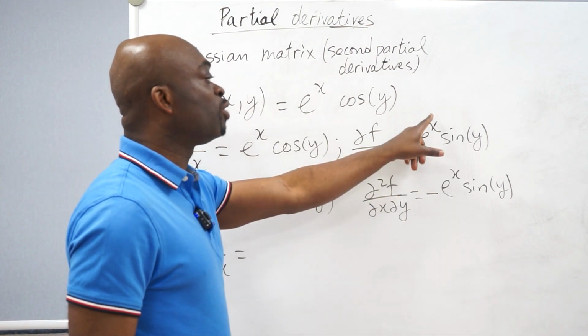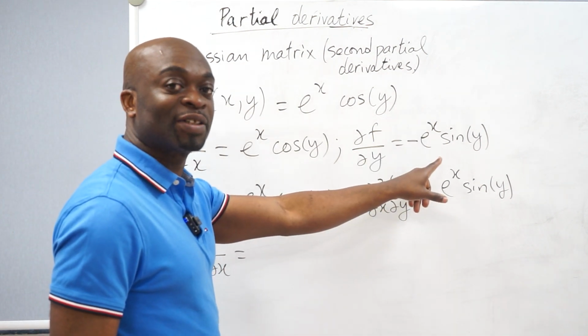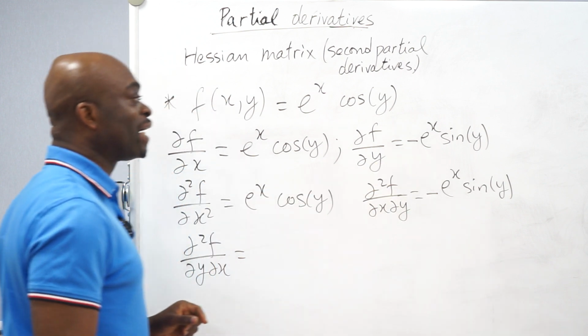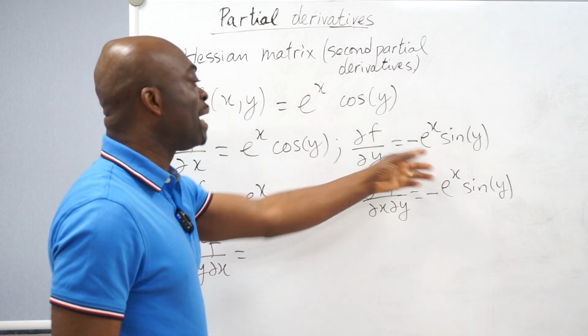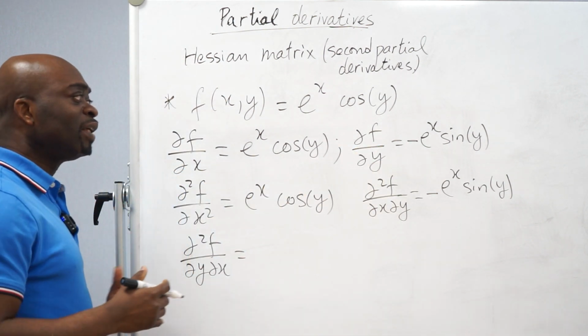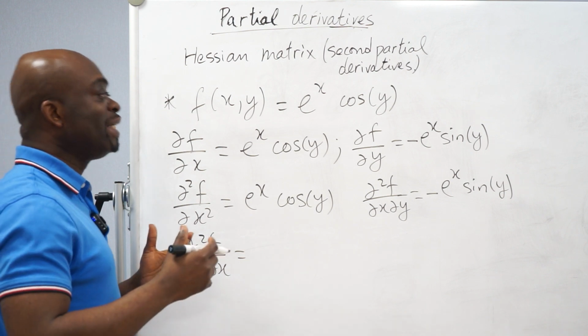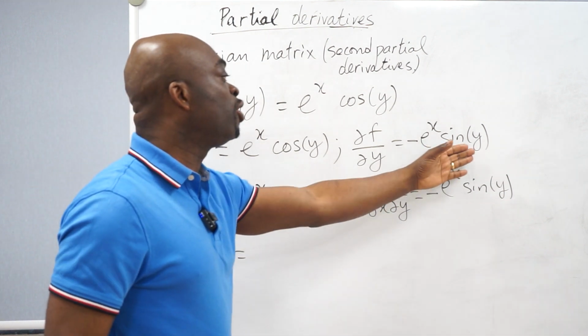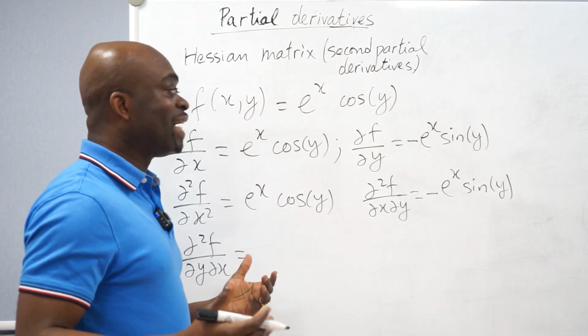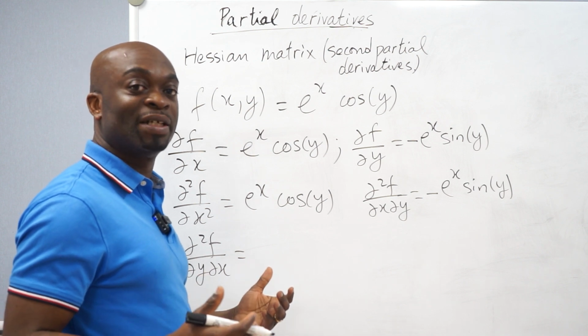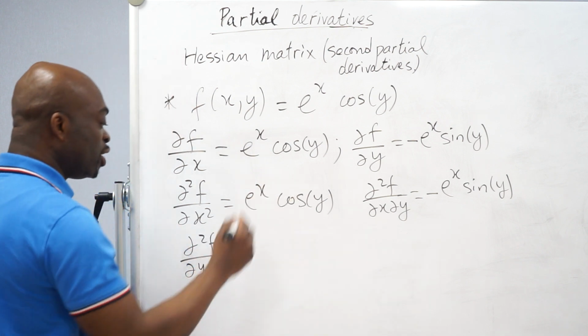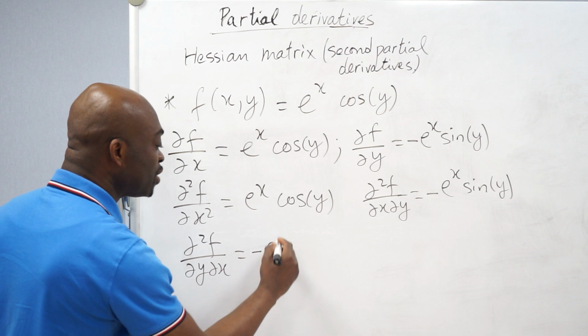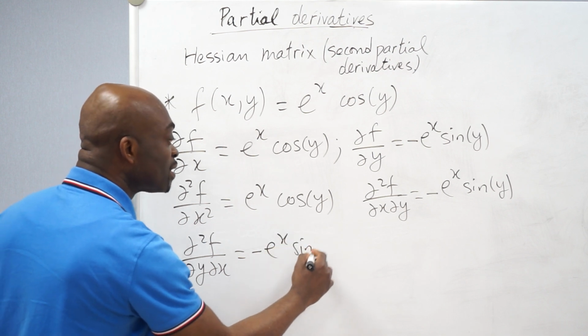So we're going to look at exponential x. That's our target here. So what's the derivative of exponential x? It stays exponential x. What are we going to do with sine y? There's nothing we can do with sine y. We just keep it, because that will be our constant. So we end up with negative exponential x sine y.